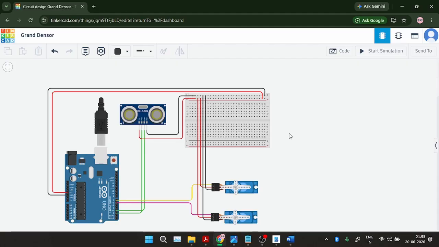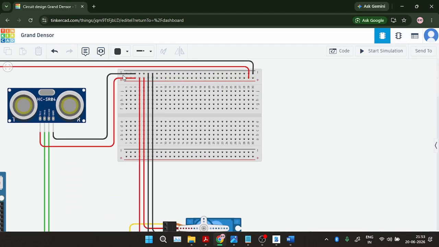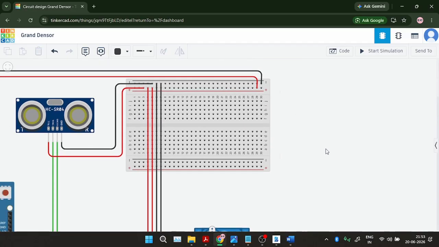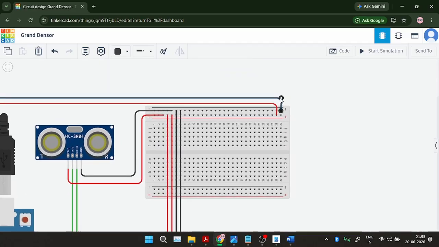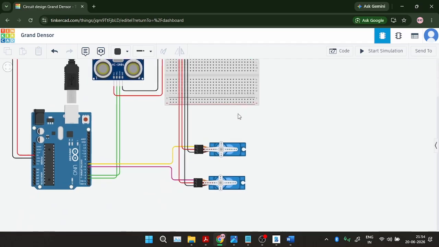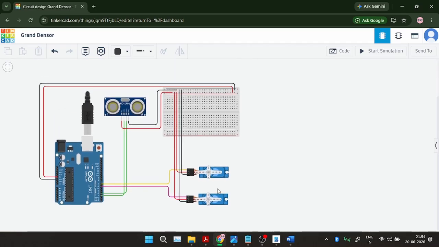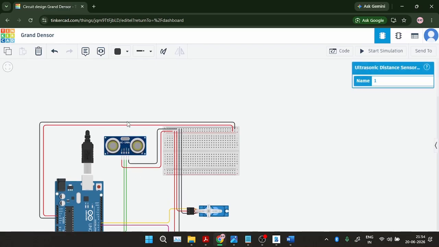The basic idea is to keep the ground pins at one point so it's easily noticeable, and to keep all the power lines at one side so that it is easy to identify them. Now, this is the servo motor, this is the servo motor, this is the ultrasonic sensor. When you place this ultrasonic sensor, it will come in between.